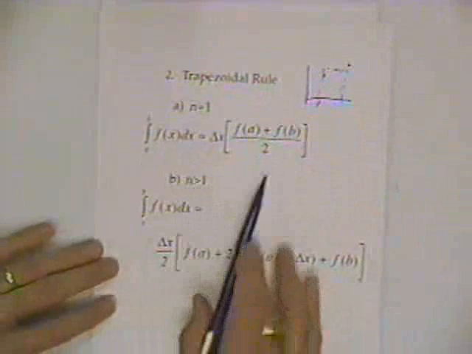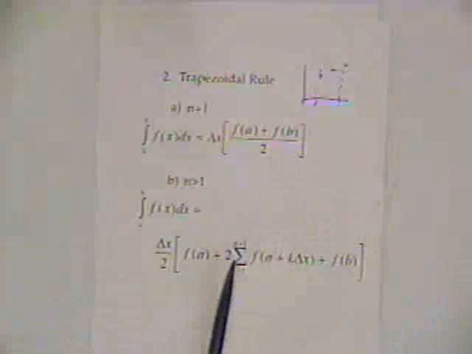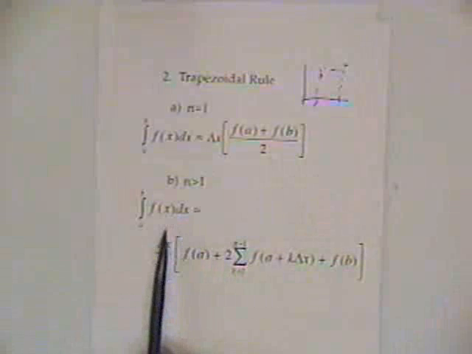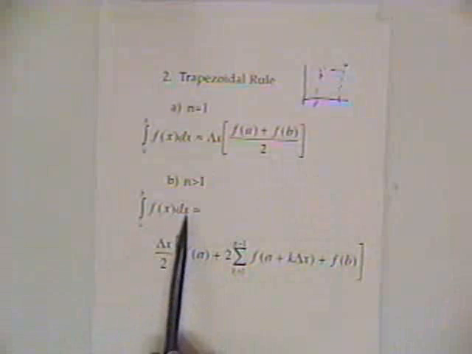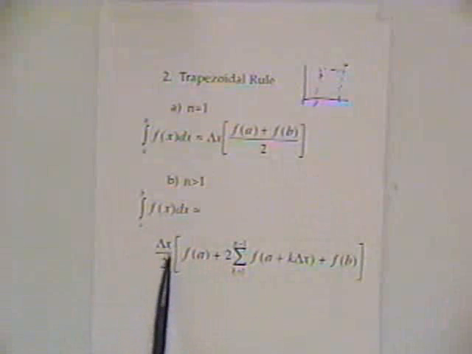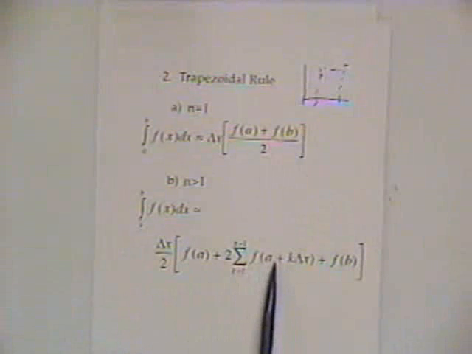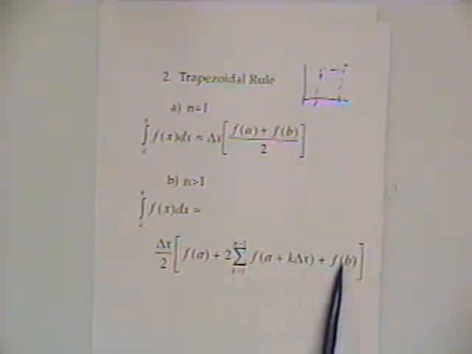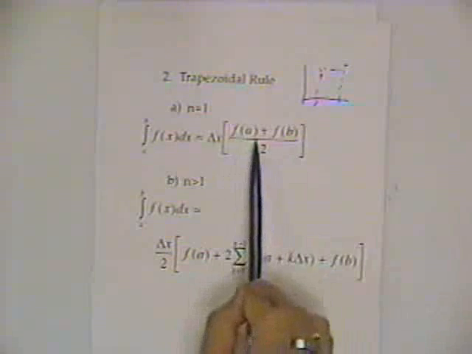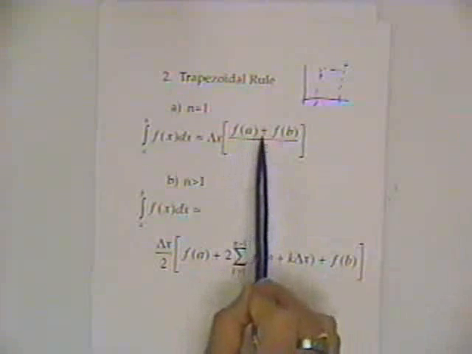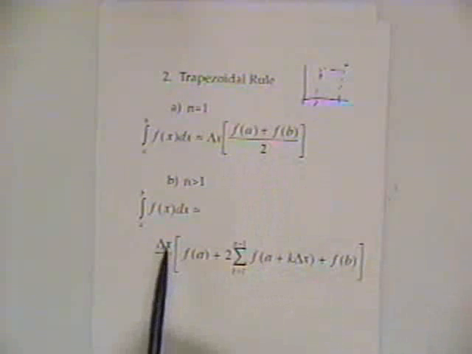If n is greater than 1, you can then apply this formula sequentially, and you come up with this formula. The estimate for the integral is delta x over 2 times the value of the function at the start of the interval, plus twice the value of the function at all the internal points, plus the value of the function at the end of the interval. And that comes just from applying this formula sequentially to all those points.